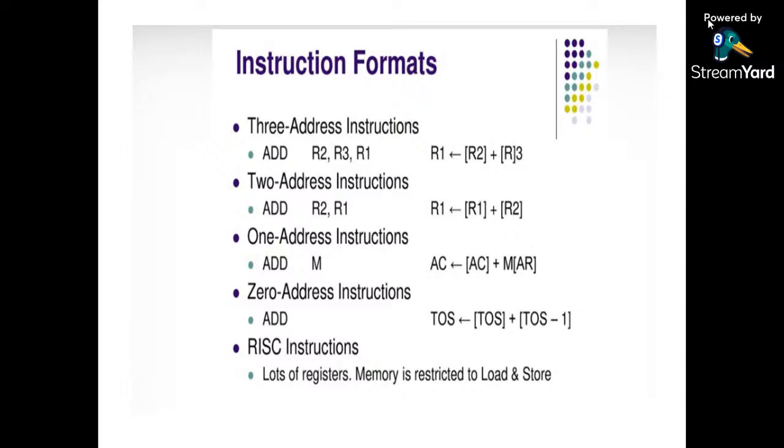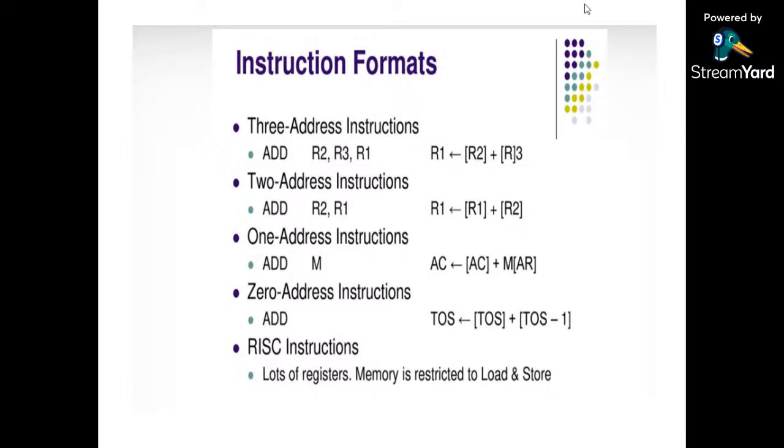If the machine supports one address instructions, then always the second variable will be fetched from the accumulator. In one address instructions, the address of one variable is specified in the instruction, and the other variable is by default present in the accumulator. The value of the other operand is fetched from the accumulator.